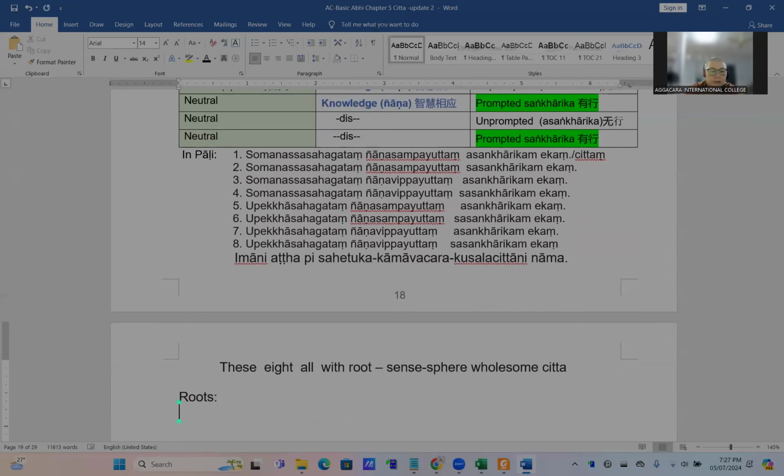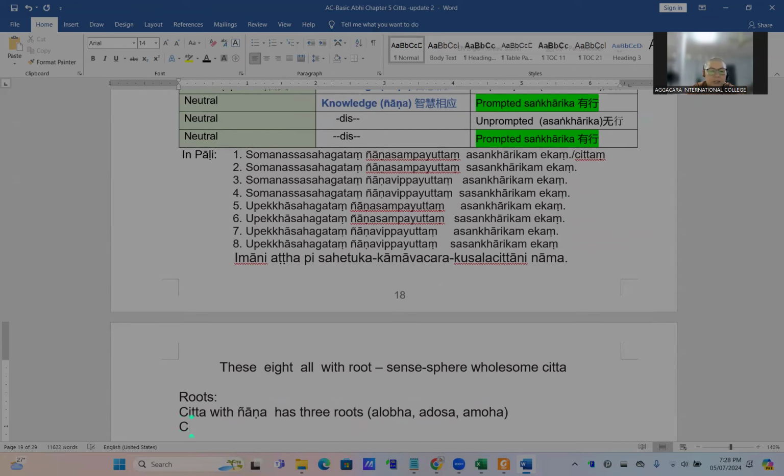Okay. So those with nana, with wisdom, citta with wisdom has 3 roots: alobha, adosa, amoha.